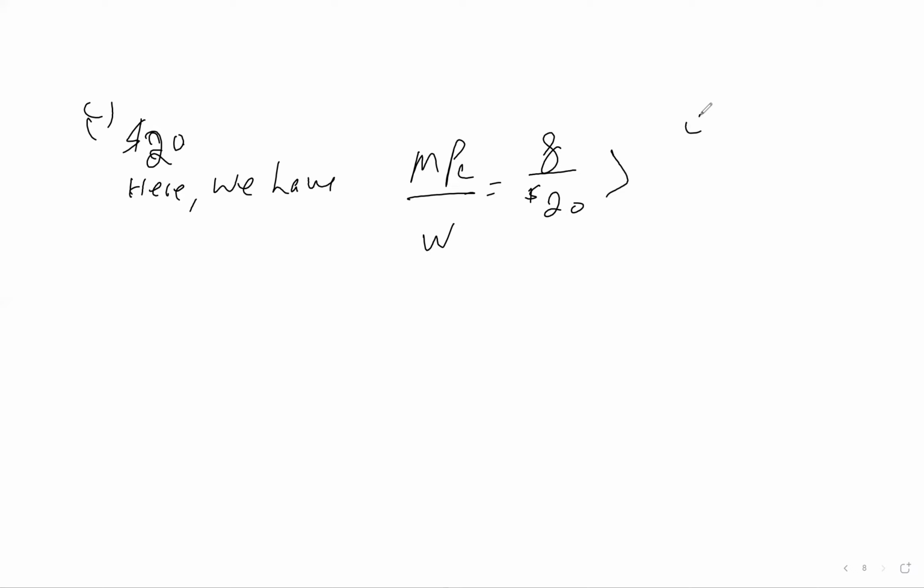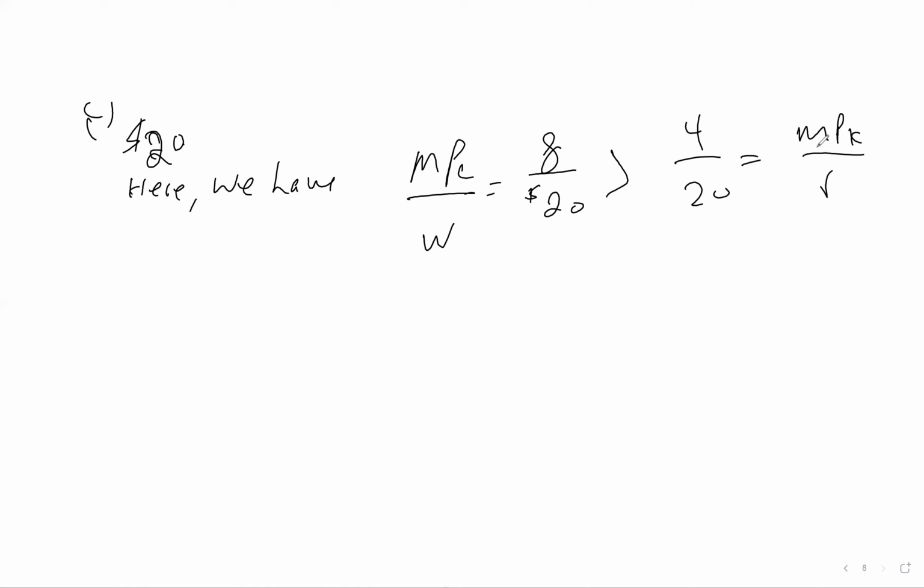Similarly, here we have the marginal product of labor divided by wages, that is equal to 8 over 20, since the wage now changes from $60 to $20 an hour. And still it's greater than 4 over 20, which is equal to the marginal product of capital over rent.